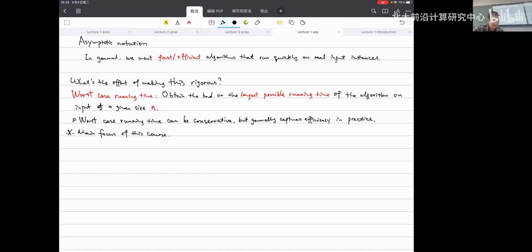There are some other definitions, maybe not the worst case running time, but you might have heard of the phrase that some algorithm has a good average case bound. But in algorithm analysis, you want to be careful about what is called average case. It is average upon what? What kind of average instances?